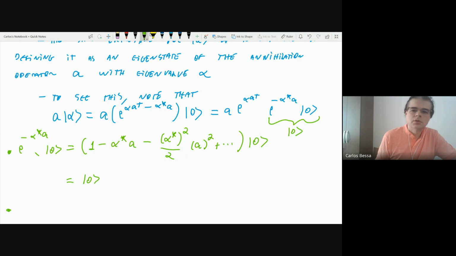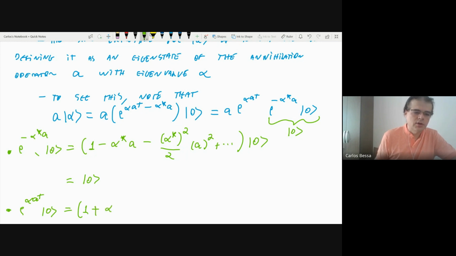And now this other term here, exponential of alpha A dagger applied to 0. I'll do the same thing: expand this. This is plus because of the sign.